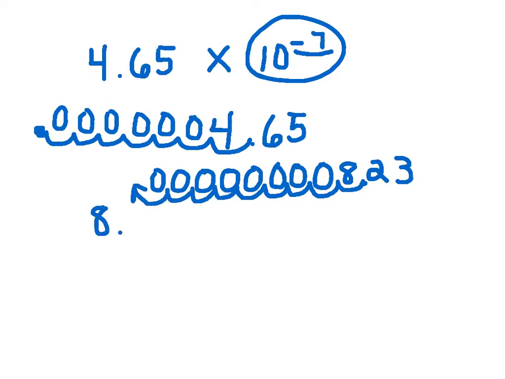So this is equivalent to 8.23 times 10 to the negative, what did we say? 1, 2, 3, 4, 5, 6, 7, 8, 9. Negative ninth. Okay? So you always put your decimal point in, and then see how far you have to move the decimal point to get to the original number.